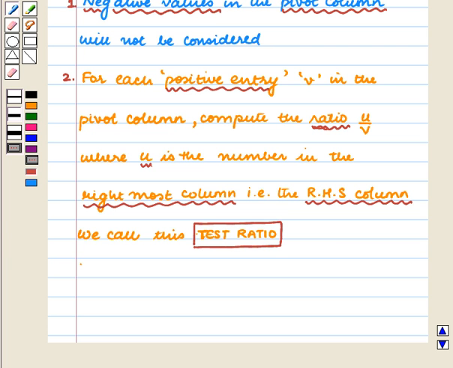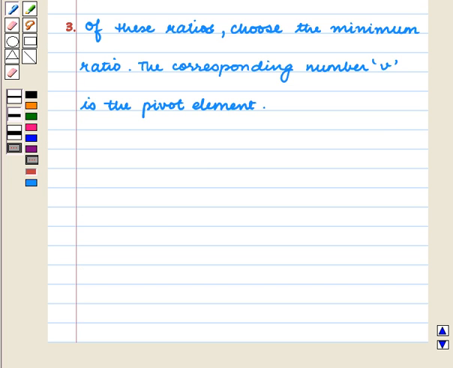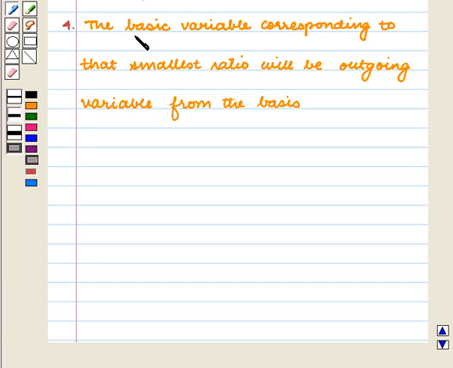That is, we find the ratio by dividing the element of the right hand side column by the corresponding positive element in the pivot column. Of these ratios, choose the minimum ratio. The corresponding number V is the pivot element. The basic variable corresponding to the smallest ratio will be the outgoing variable from the basis.